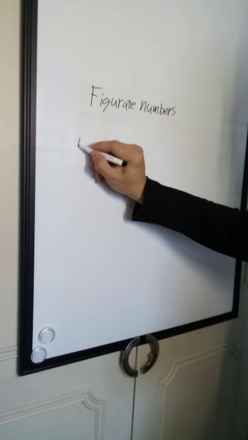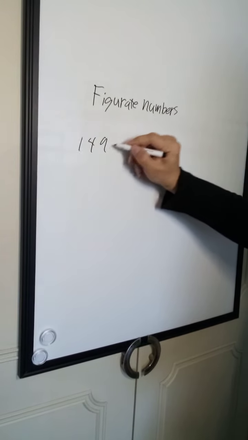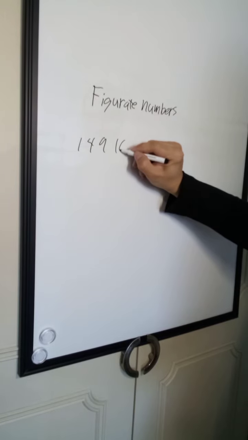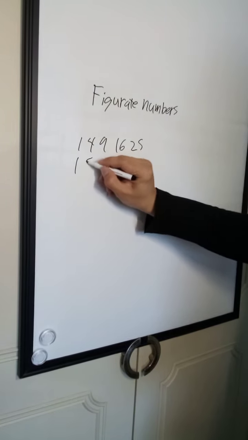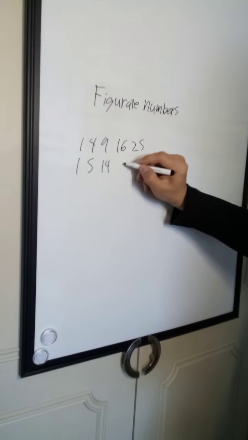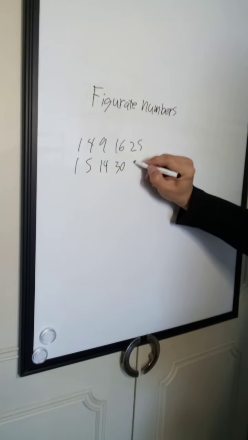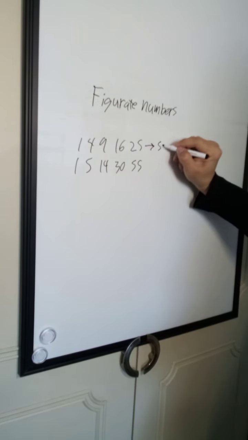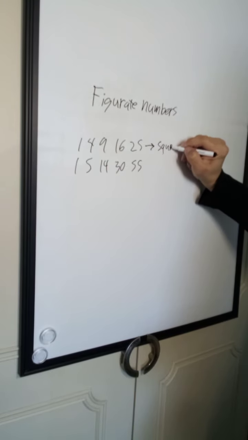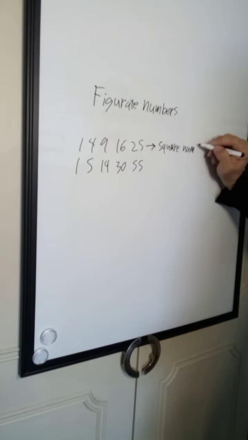Anyhow, if you sum up the squares, say 1, 4, 9, these are all squares. And then let's say we sum those up. And then, alright, these are square numbers.